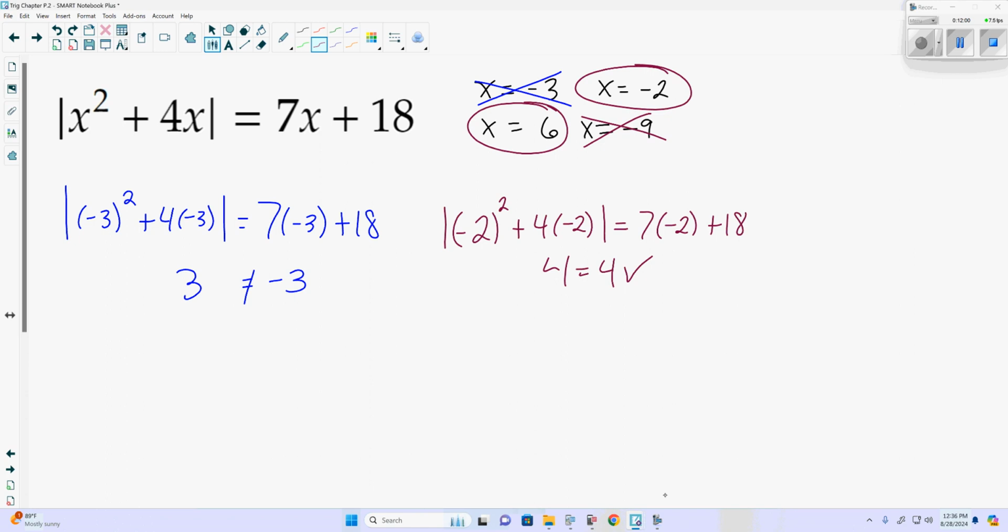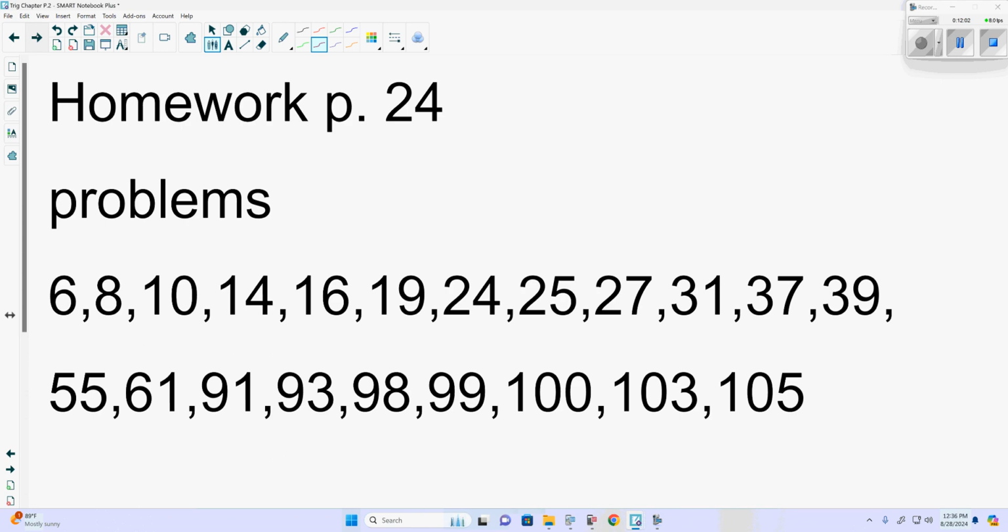But, is it there? Yes. Let's see. So, 4x plus 4 equals negative 4.